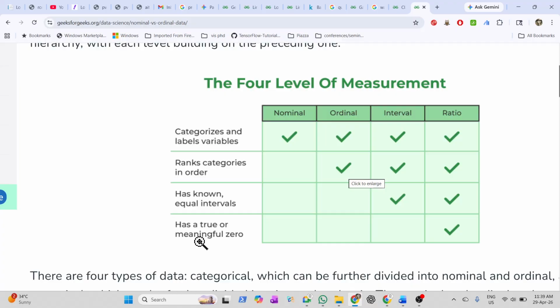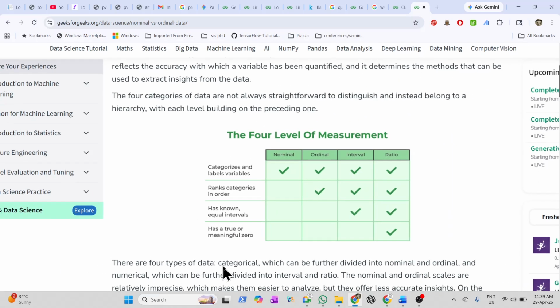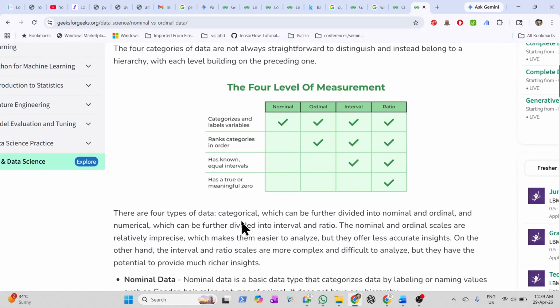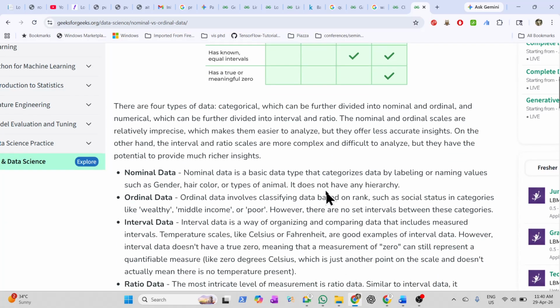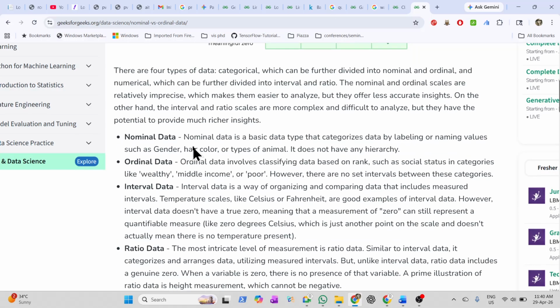And which has a true or meaningful zero is ratio. So there are four types of data: categorical, which is further divided into nominal and ordinal, and numerical, which is further divided into interval and ratio. So we have these different types of data.